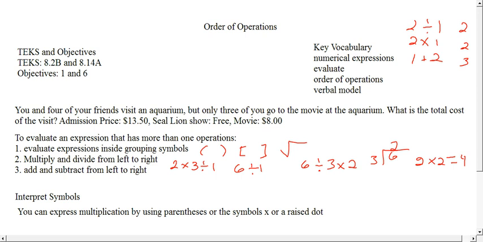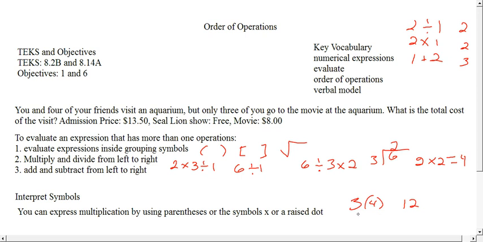Some symbols that you need to understand when we're working with this are the interpretation symbols when you multiply. Let me give you an example of that. We can express multiplication by using parentheses, the symbol X, or a raised dot. If you see 3 parentheses 4, that is saying 3 times 4, and of course we will get 12.